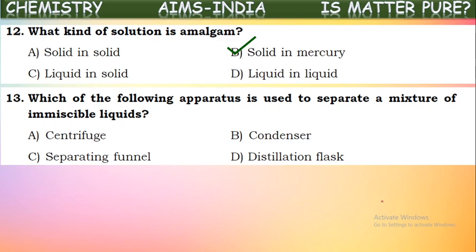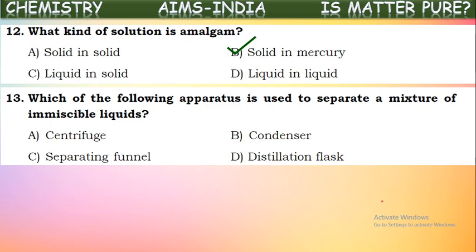Which of the following apparatus is used to separate a mixture of immiscible liquids? What does immiscible liquids mean? Immiscible liquids means a mixture of two liquids which do not dissolve one into another, which do not mix with each other. Such a mixture is called an immiscible liquids mixture.